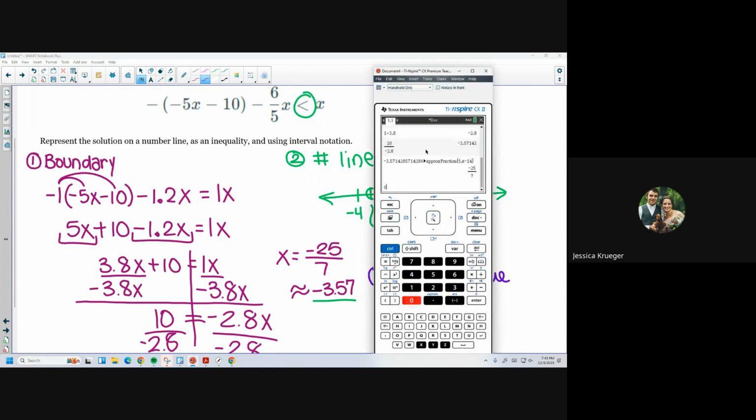I'm going to put 0 and I'm going to store it as x. There we go. And now I'm going to type in my original inequality. And the x is bolded, so I know it's using the value.